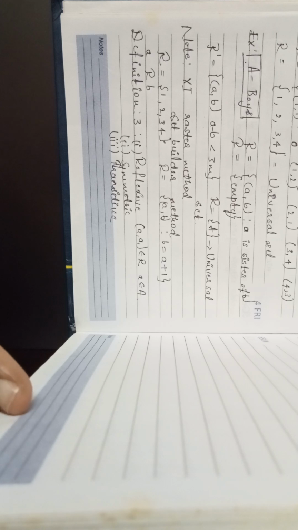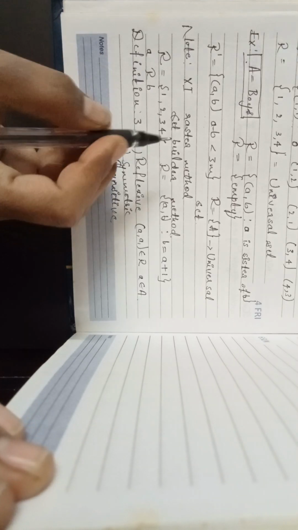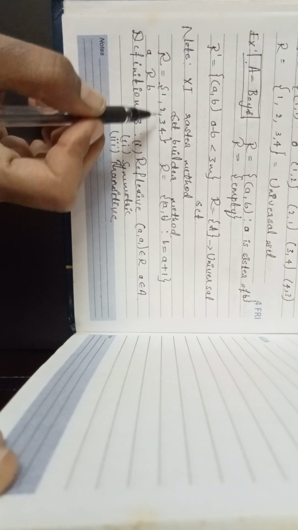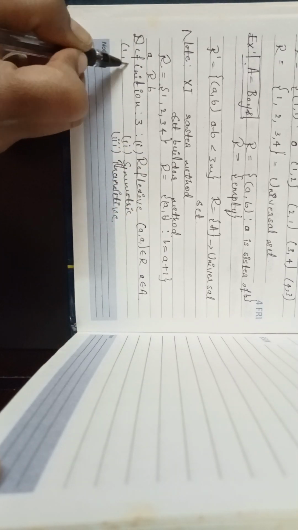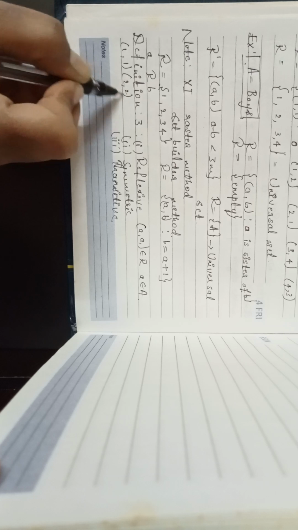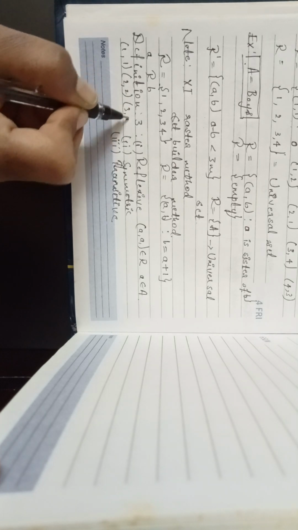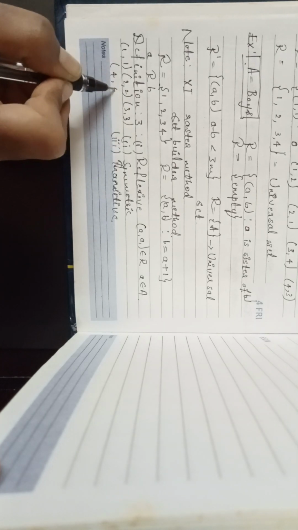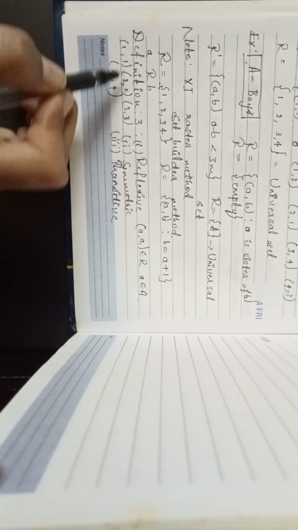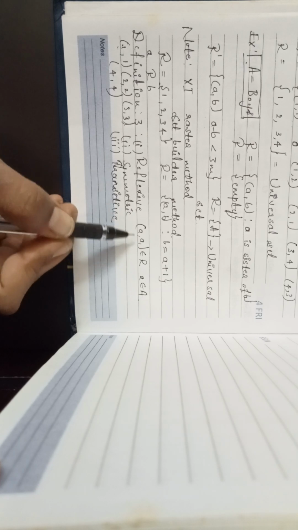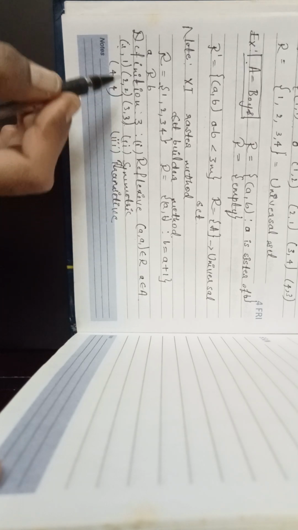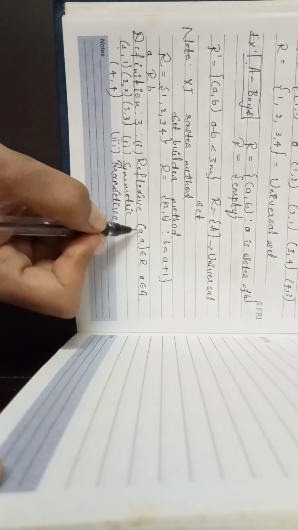So let me show you this with an example. Let's say in R we have 1, 2, 3, 4. If the relation is like (1, 1), (2, 2), (3, 3) and (4, 4), this type of relation we call a reflexive relation. Next, symmetric.